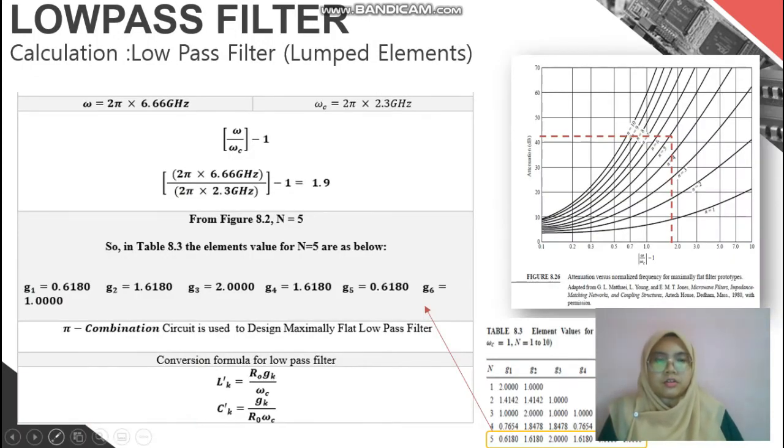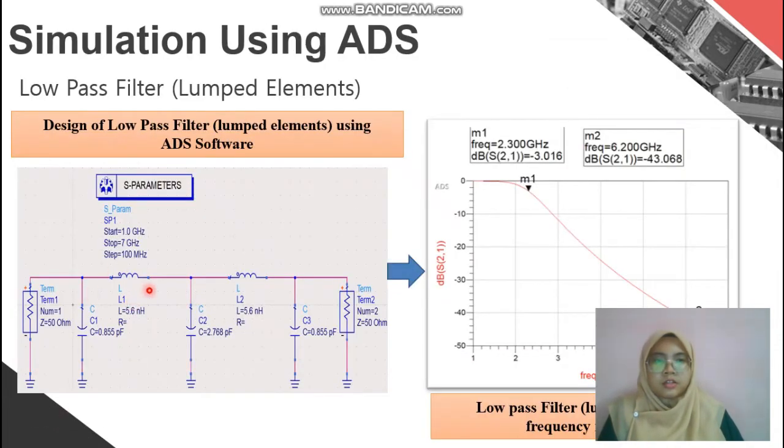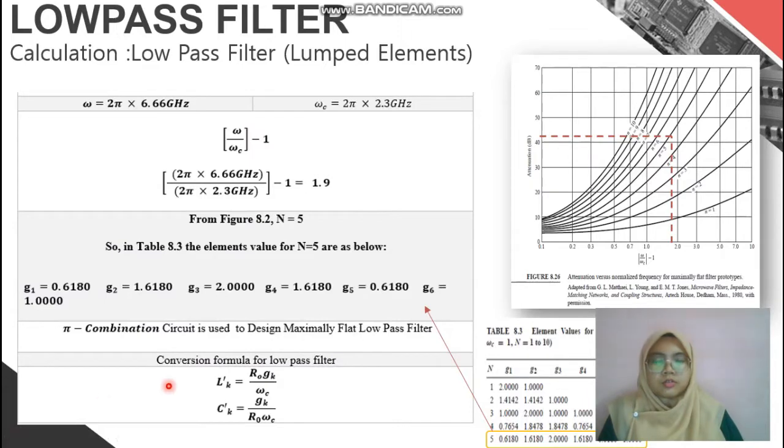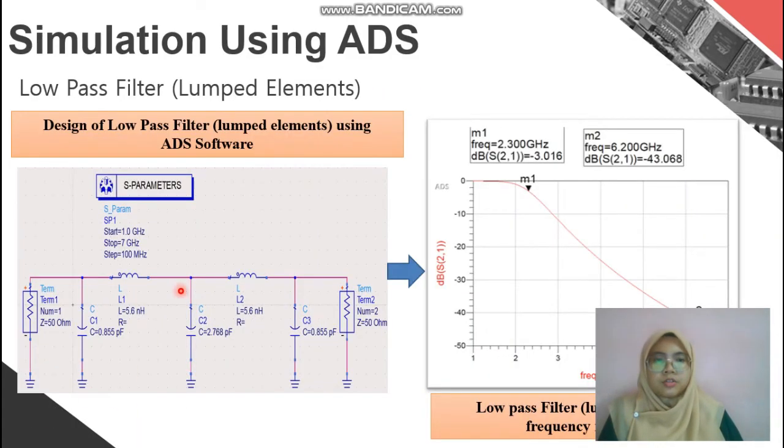And for the inductor, we substitute this formula: G2 times 50 ohm over this WC, and then we get the value for G2, and so on. Then we can simulate using S parameter.